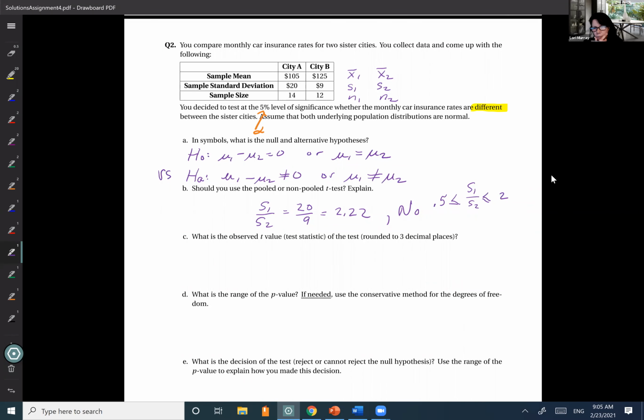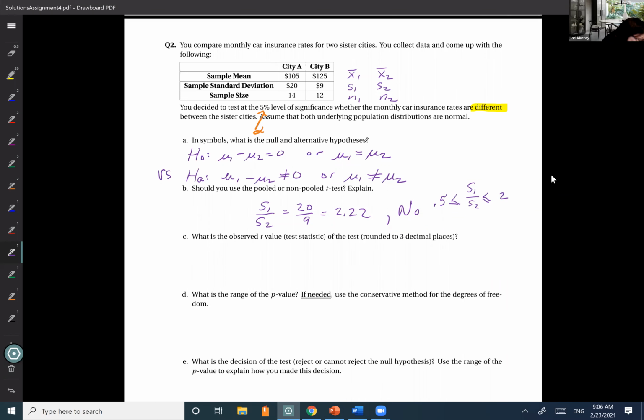Some statisticians won't use it unless it's between 0.5 and 3. I never use the pooled t-test. So that's sort of a hint about test 2. You won't see much on the pooled test because I never use it. Why use the pooled t-test when we have software?